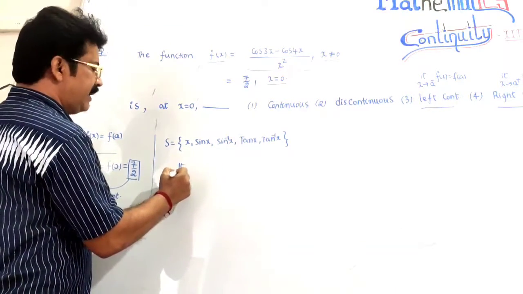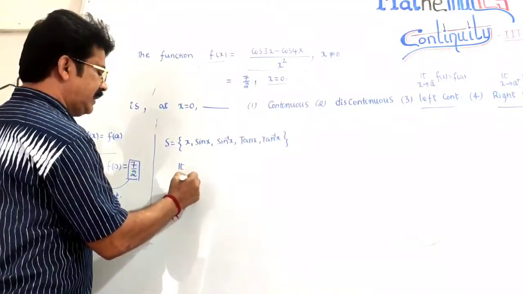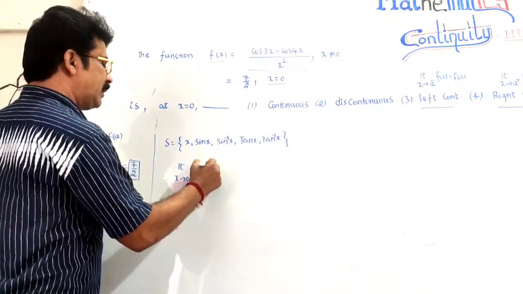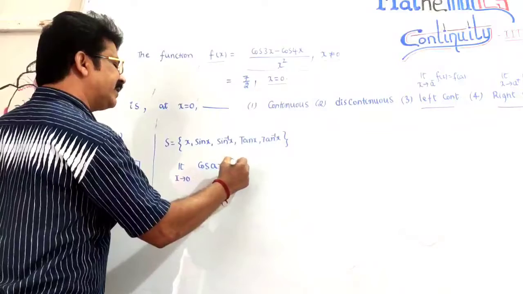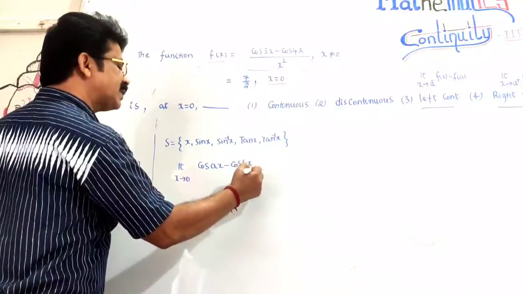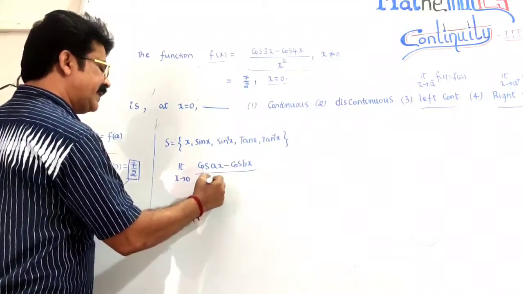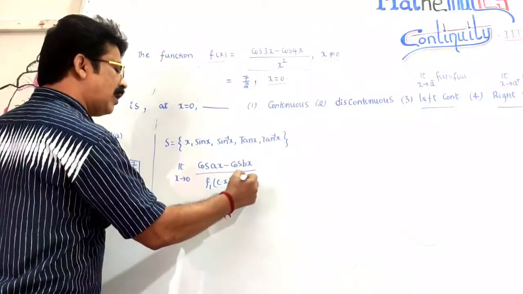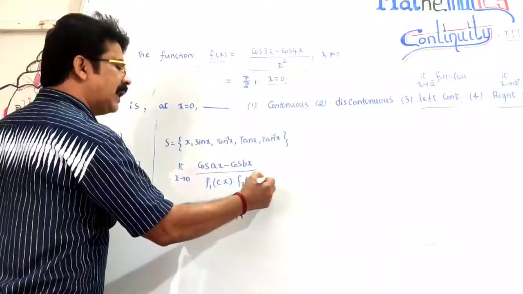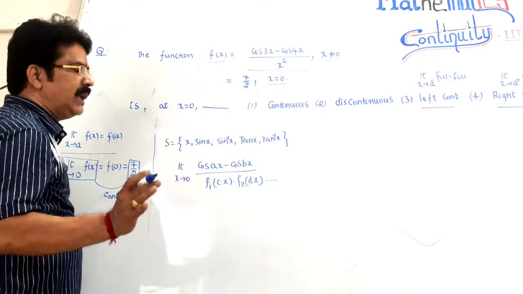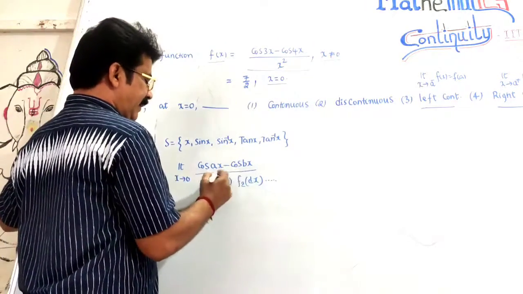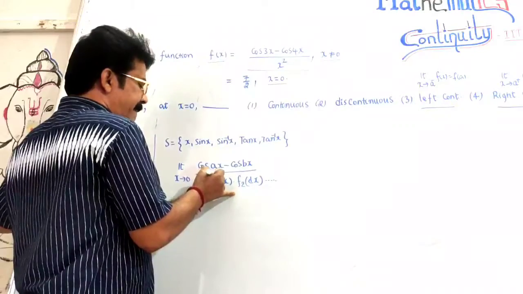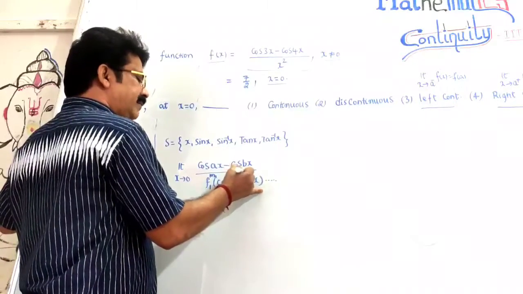Limit, once again, I will repeat it, don't worry about that shortcut. Limit x tends to 0, cos ax minus cos bx whole divided by f1 of cx into f2 of dx, and so on, will be like that. Of course, there are powers, for example m1, m2.